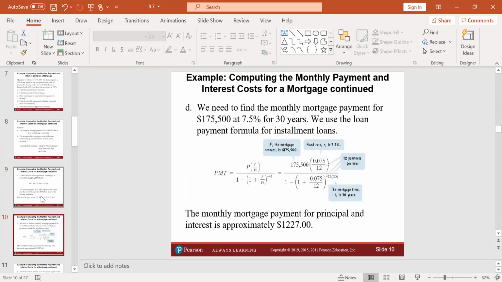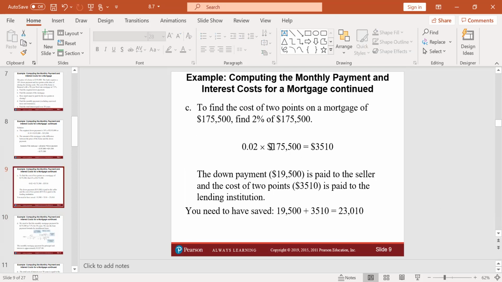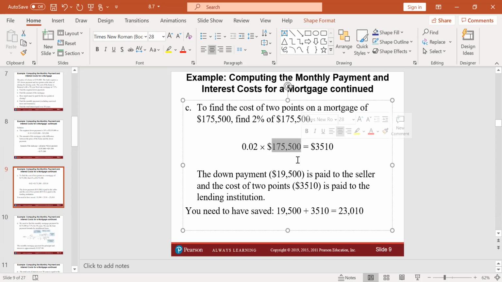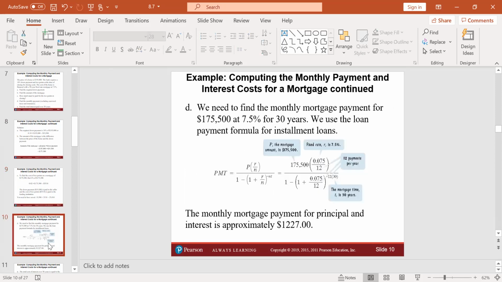So VA loans. Okay, so you're borrowing $175,500 for this house. You're knocking $23,010 out of your savings to get this house going. Now, we can use the formula here to calculate your monthly payment. The truth is, you're not going to see quarterly payments, where you make 4 payments a year. Monthly payments is just the way to go. You're not going to see weekly payments for a mortgage.